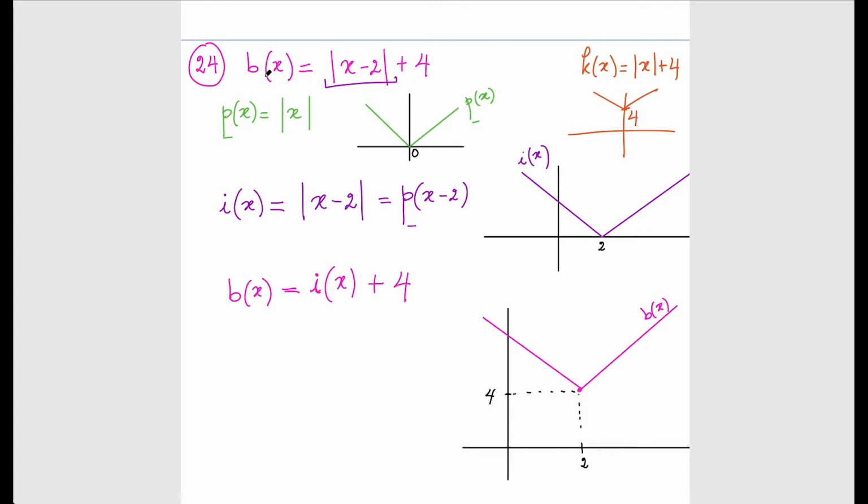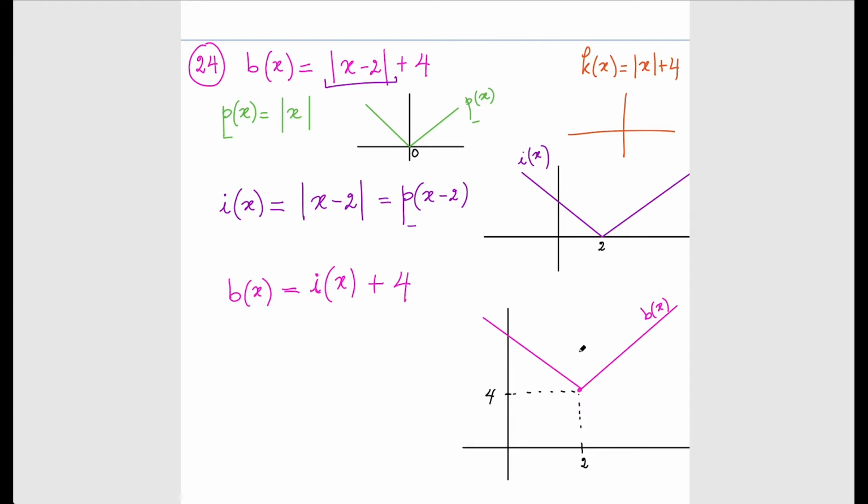And then, if you want to go to B, you're gonna subtract 2 from the input to actually have x minus 2 here, which means you're gonna take the function k and shift it to the right by 2, right? And obtain the same function B. So it's gonna be the same graph. So my point is, it doesn't matter which one you do first, the negative 2 or the 4, as long as you do it correctly, the final graph is the same.